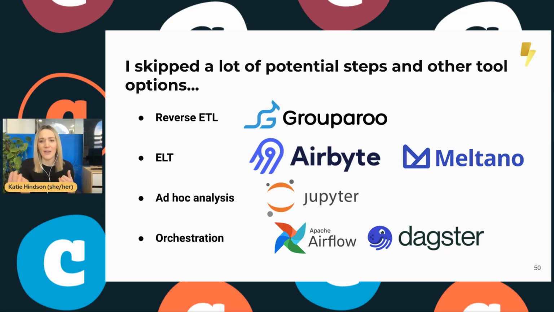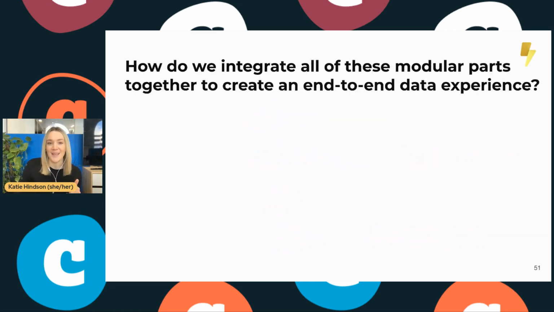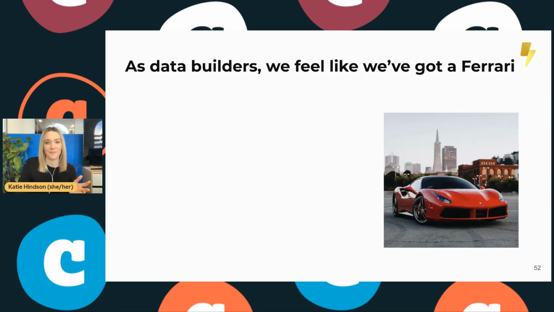Things like reverse ETL or tools for doing notebook type analyses for data scientists. But basically what I'm trying to say here is that there are a lot of options and moving parts. So the question then becomes, with the modern data stack just getting bigger and bigger, how do we actually integrate all of these modular parts together to create this overarching data experience?